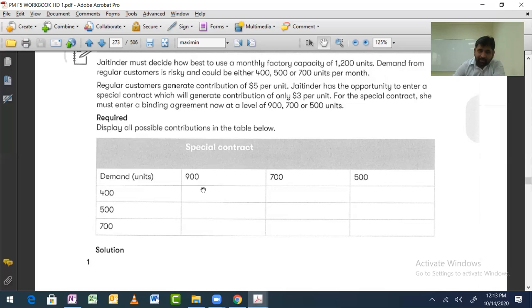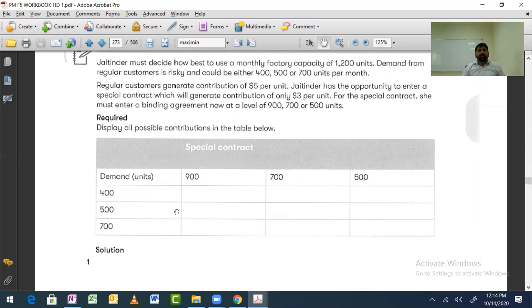So try the first cell, 900 and 400. Just try this one. And what do you think? The capacity is 1200.